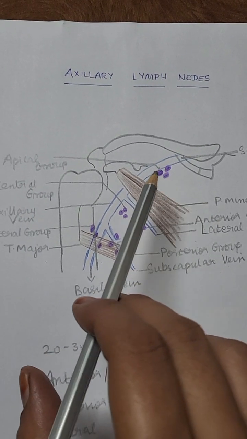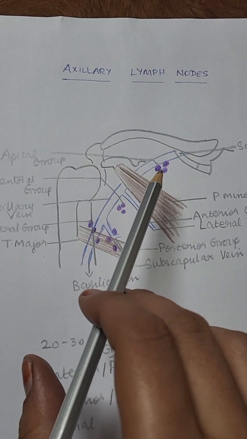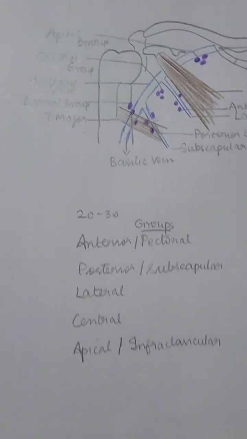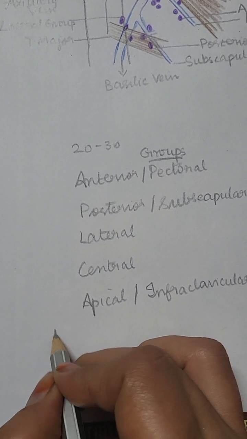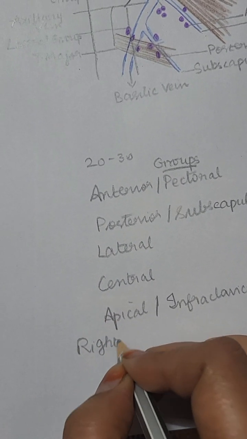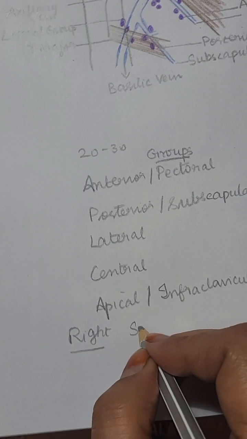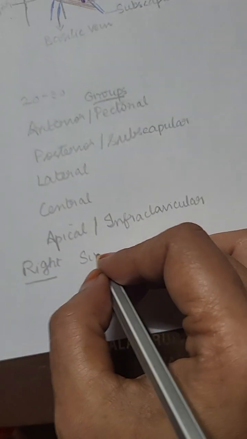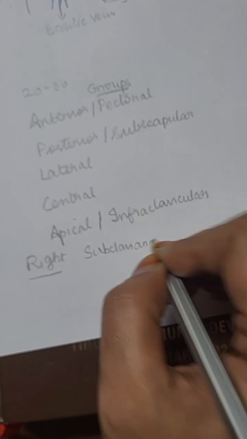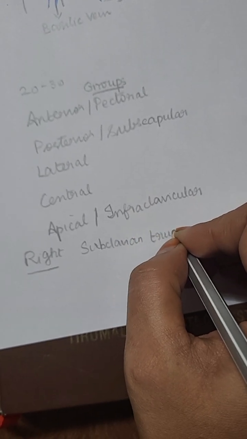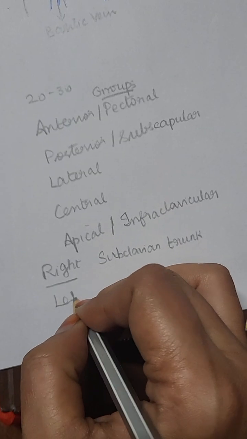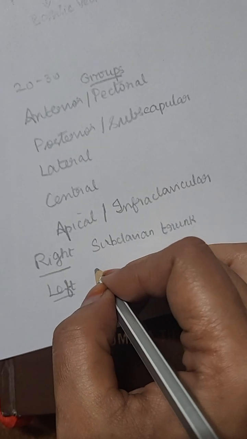This apical group drains, on the right side, into the subclavian trunk, and on the left side into the thoracic duct.